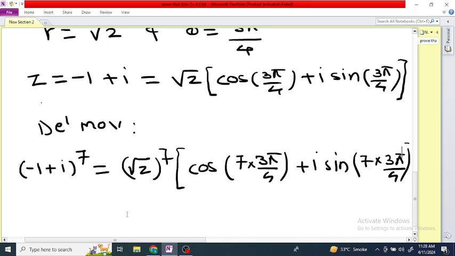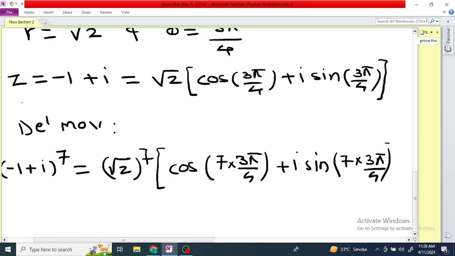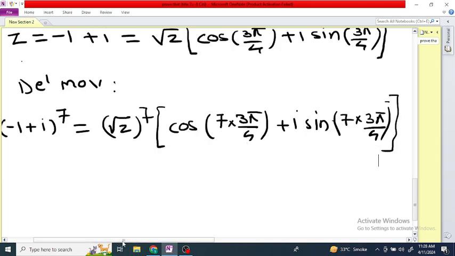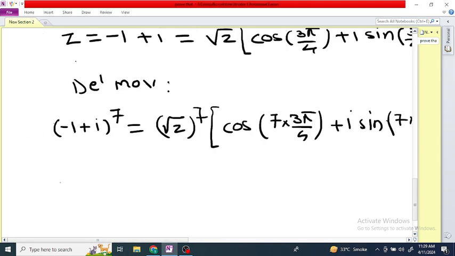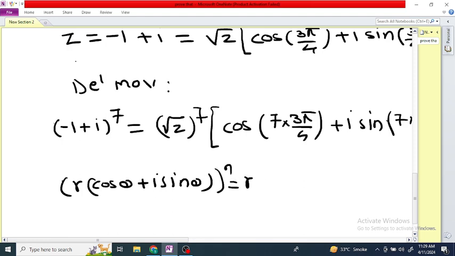So this is De Moivre's theorem. What does De Moivre's theorem say? If you write the given complex number in polar form, then (r times (cos theta + i times sin theta)) raised to n is equal to r raised to n times (cos n theta + i times sin n theta).